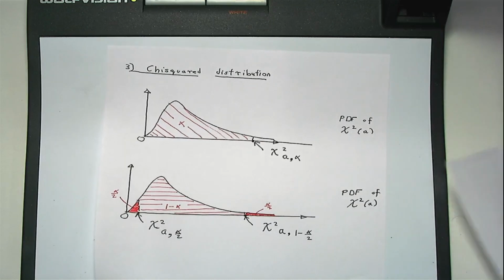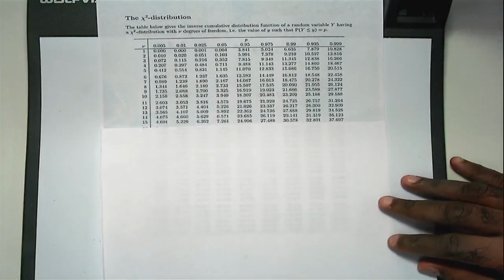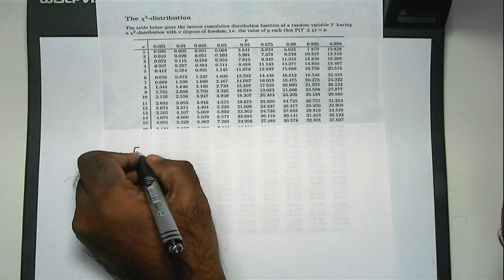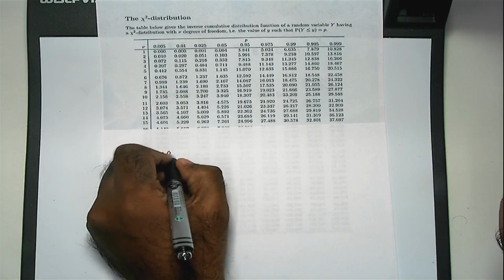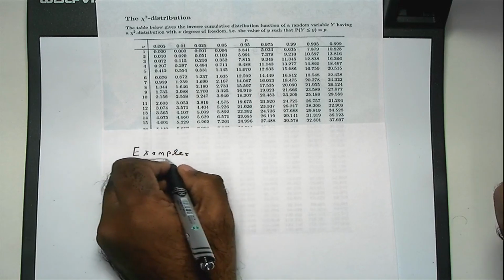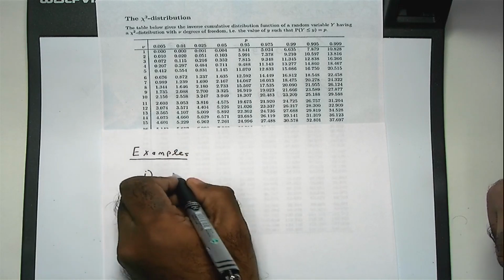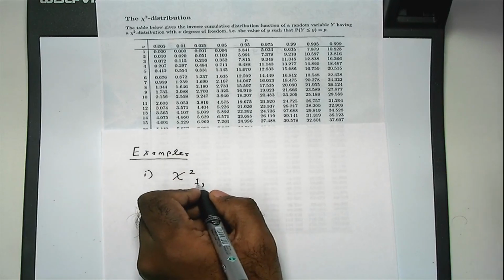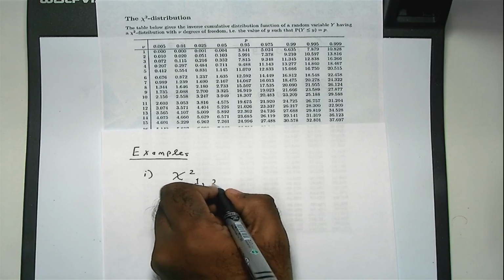Now, in the next slide, I will show you how to read these percentiles of a chi-squared distribution. There is a table for the chi-squared distribution. I think I have shown you this before. Example 1. Suppose you want to read the percentile corresponding to a degree of freedom of 1 and probability of 0.01 to the left.